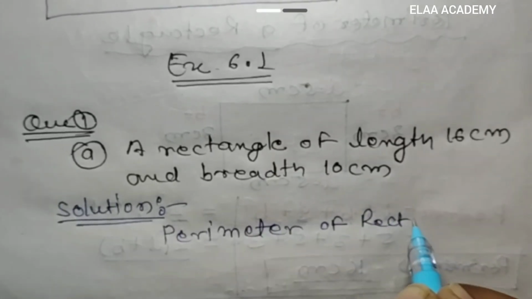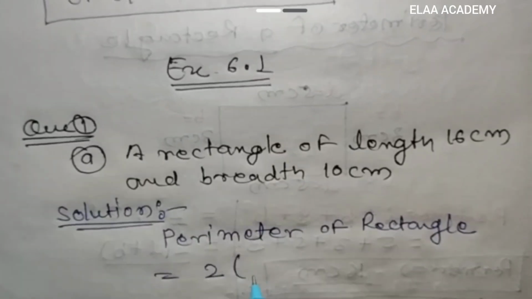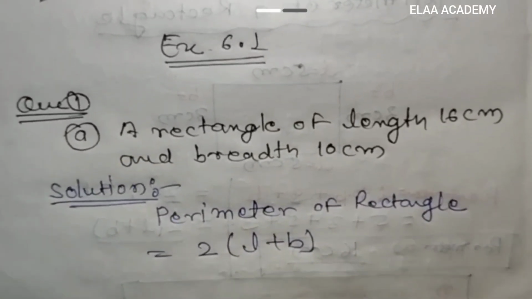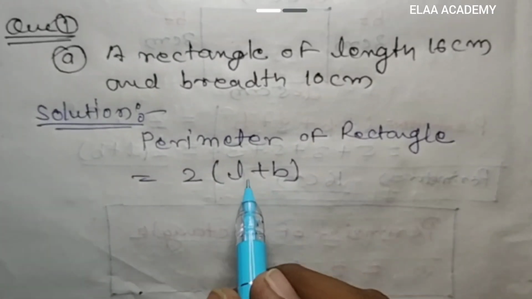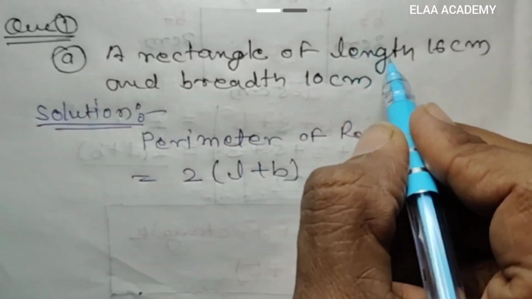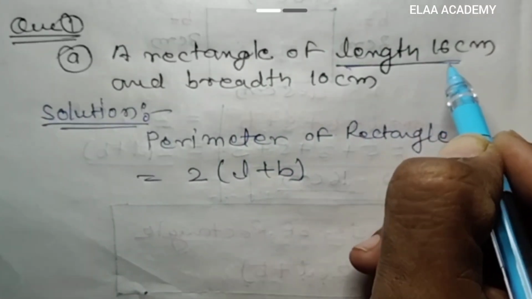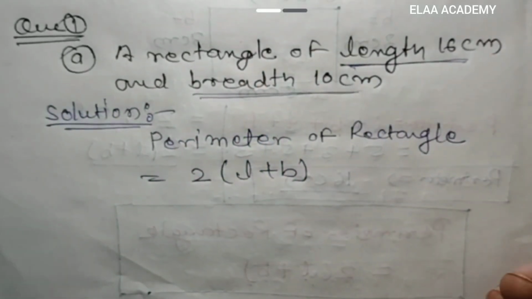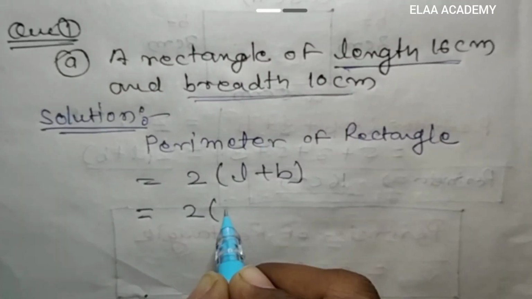Perimeter of a rectangle can be given as 2 multiply by (L plus B). What is L here? L is given as 16 centimeter and breadth is given as 10 centimeter.